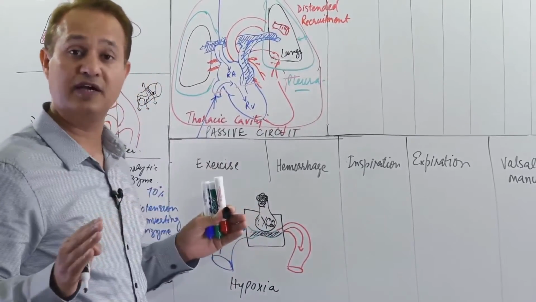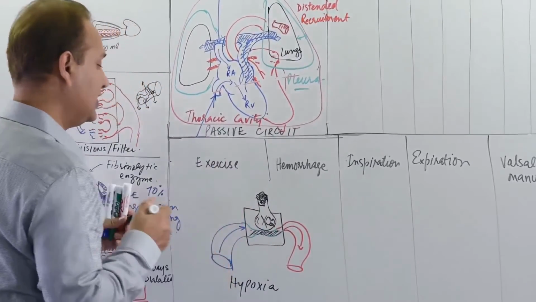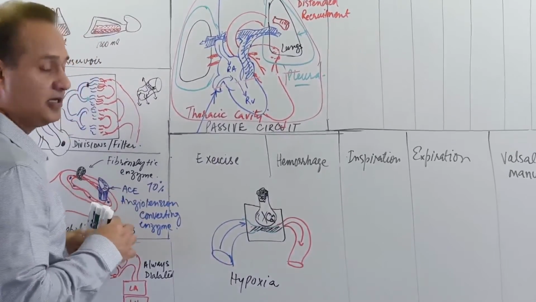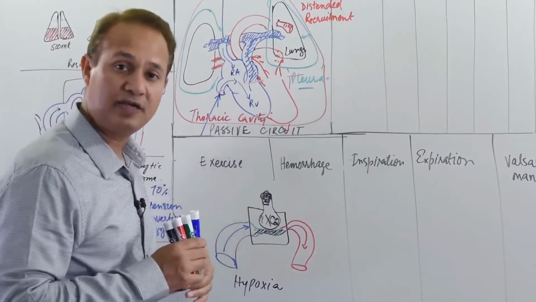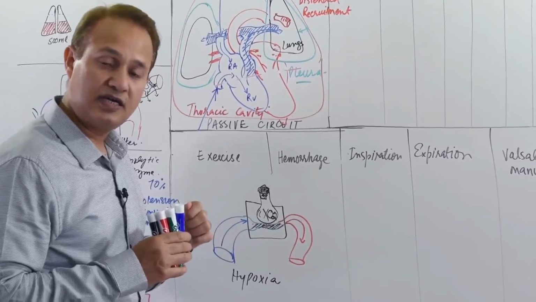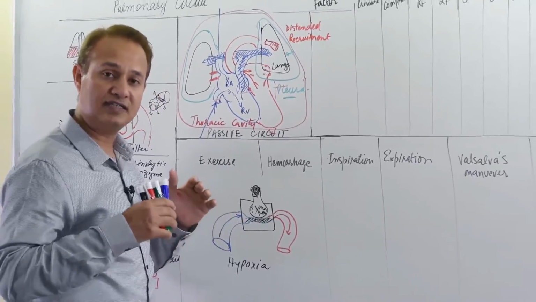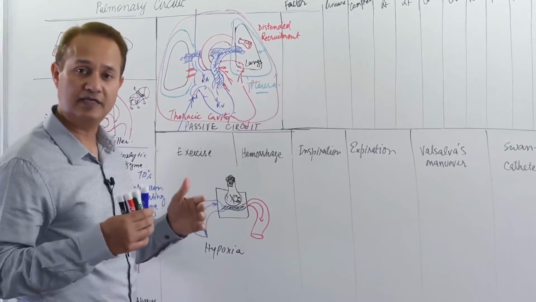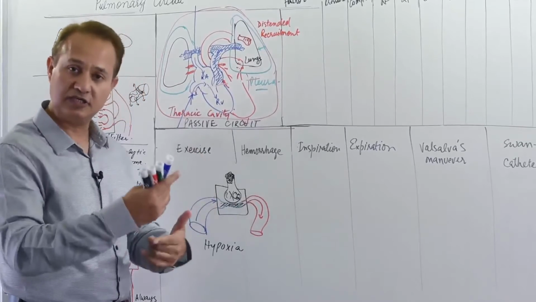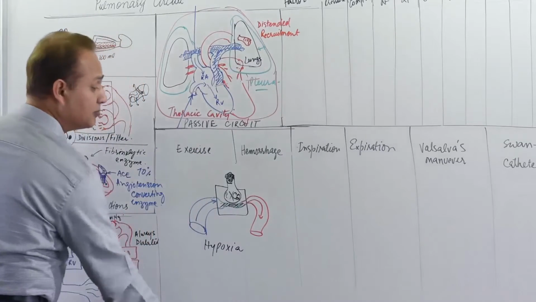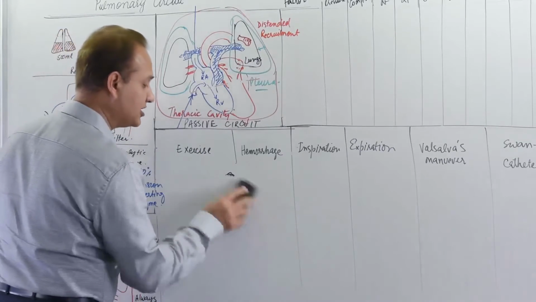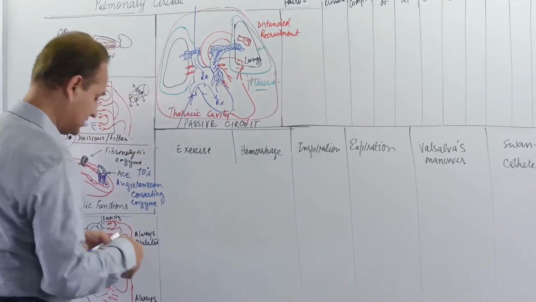I'm not going to bring blood here. That is why hypoxia causes the pulmonary capillaries to constrict, while hypoxia in the systemic capillaries causes them to dilate, and of course vice versa. So that is another big difference in the pulmonary circulation compared to the systemic circulation.